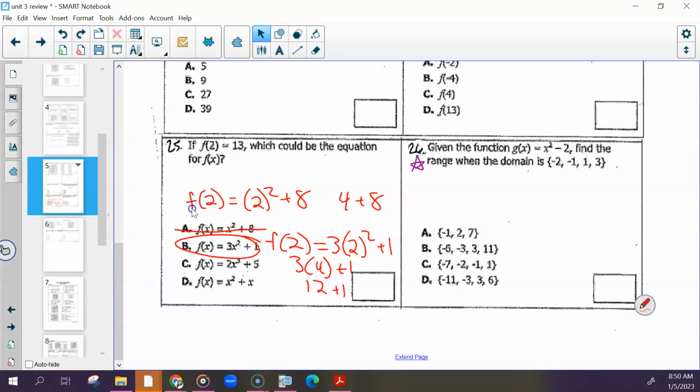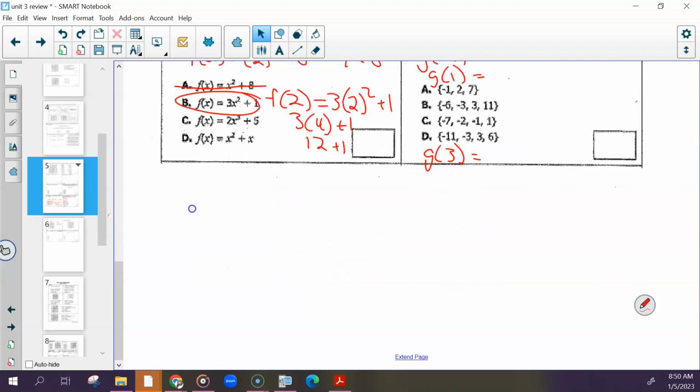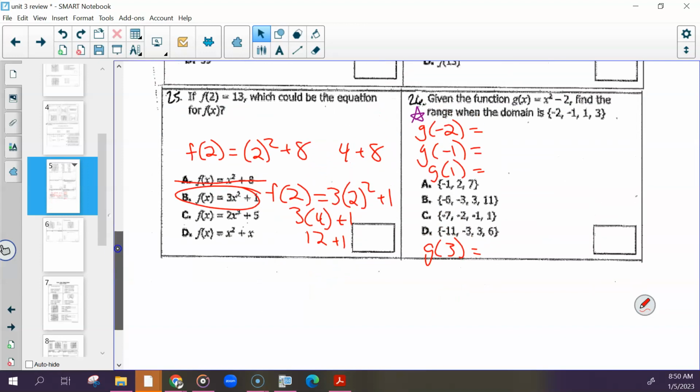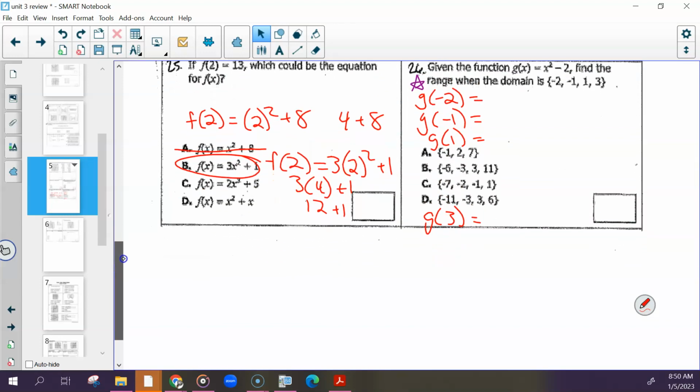Okay, so for 26, you have to set up each one with each of these numbers. So G of -2, I'm going to write them and then do them. G of -1, G of 1, and G of 3. X squared minus 2.